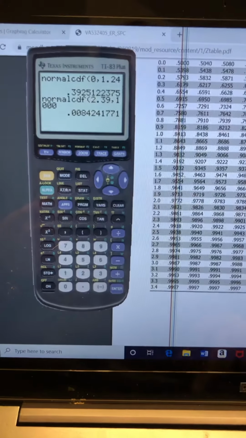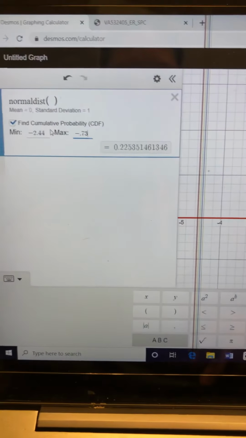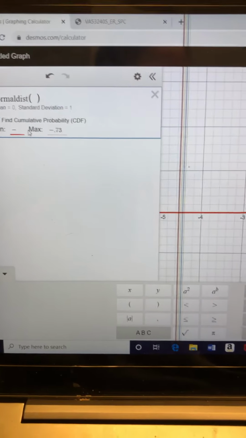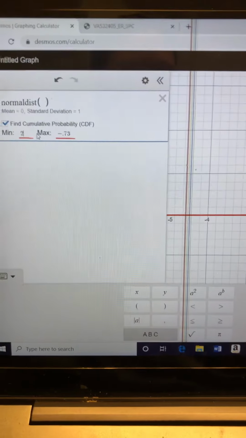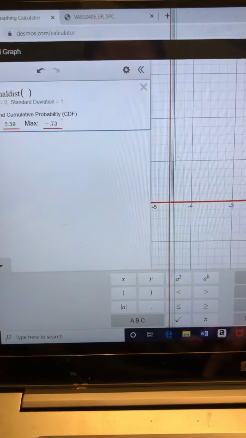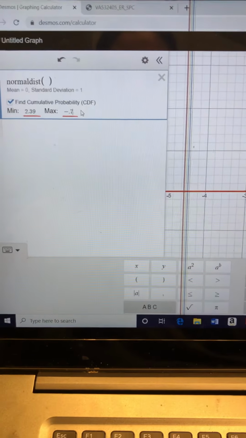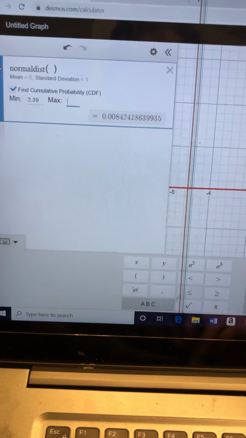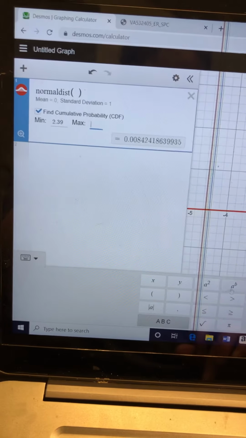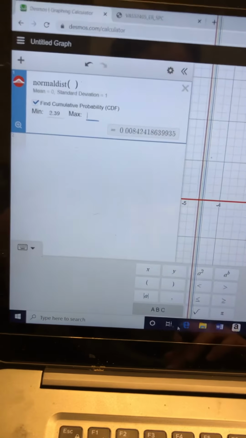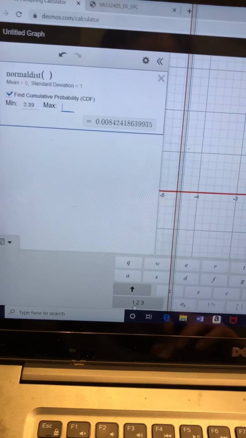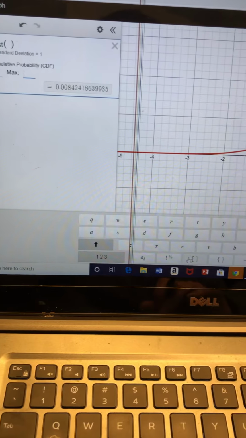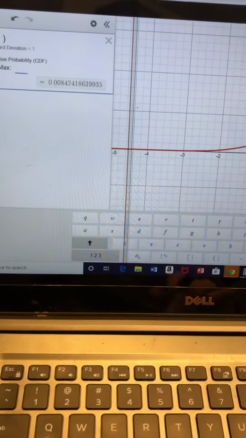On Desmos, if I go back over to Desmos, my min now is going to be 2.39, and my max is infinity, which is somewhere. You can put it in apparently. I don't know where it is. I feel like I'm doing pretty good with Desmos considering I've never done it, but I have no idea where infinity is.